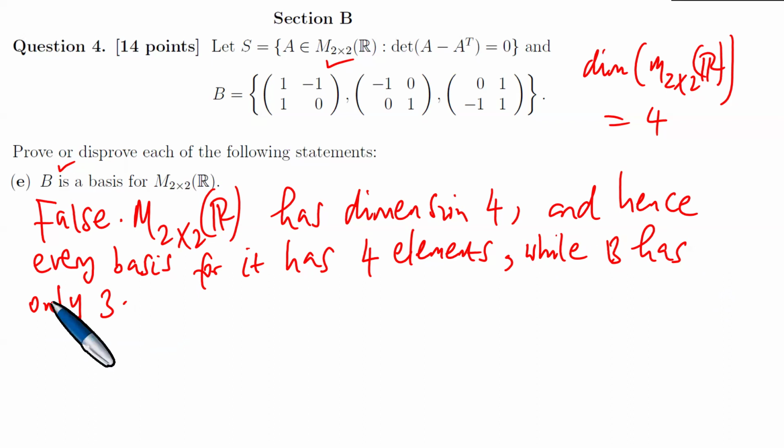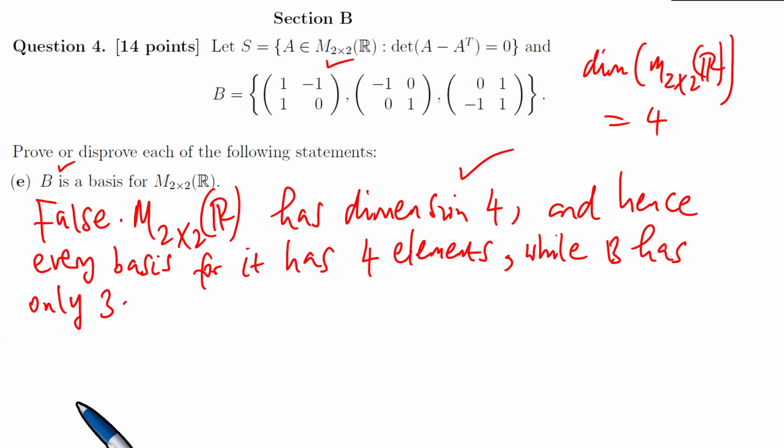If B were to have 4 elements, it could be a possibility, and you could start working it out. But at this point, how would you prove mathematically that it is not the case? We use the notion of dimensions, and I think that is what is best to use for this particular question. We move on to the next point.